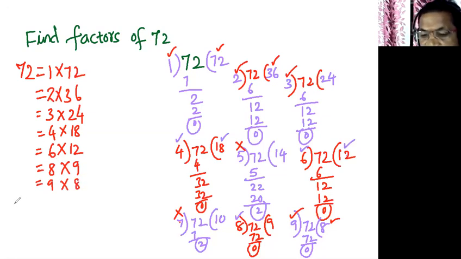Now let us write the factors of 72 from the above products.